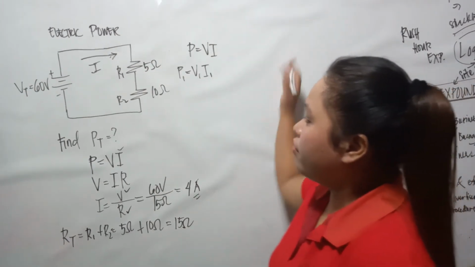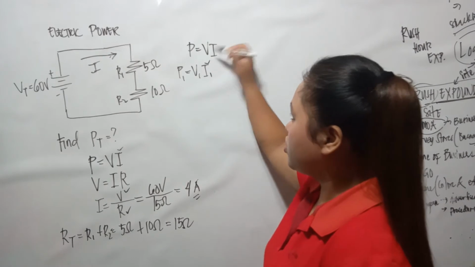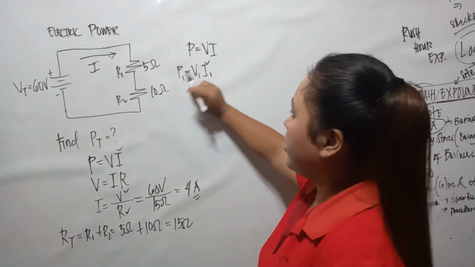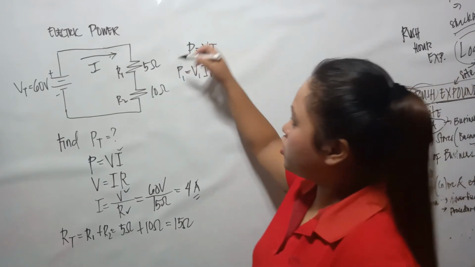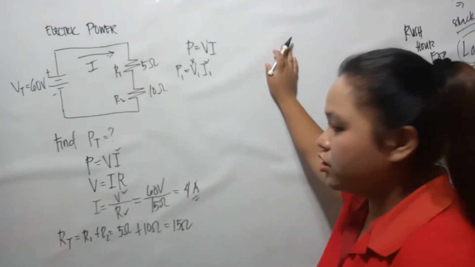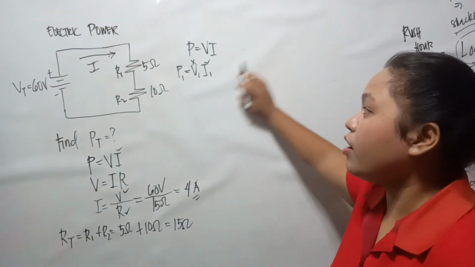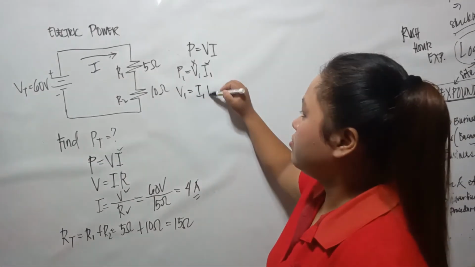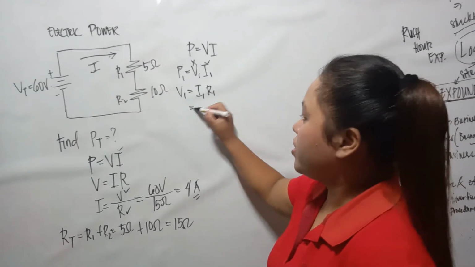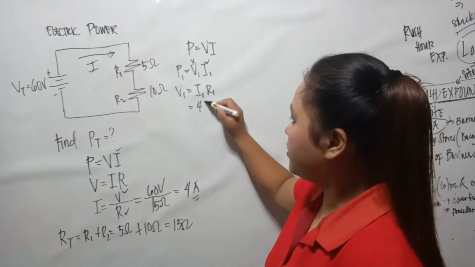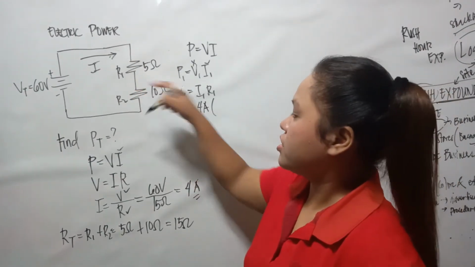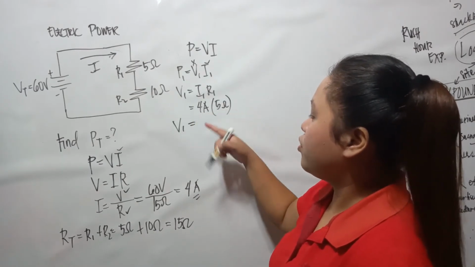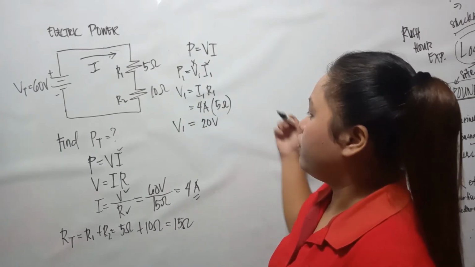We already have the current, which is 4 amperes, but we don't have the voltage yet, so we need to find it first. V1 is equal to I1 multiplied by R1, so 4 amperes multiplied by 5 ohms. We get a voltage of 20 volts.